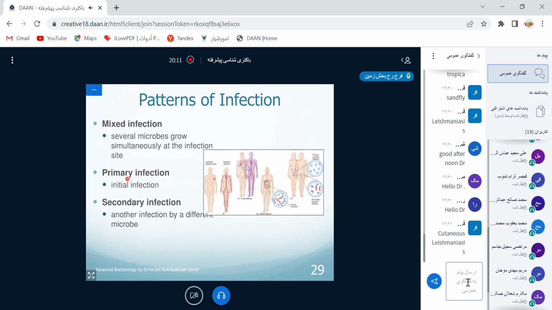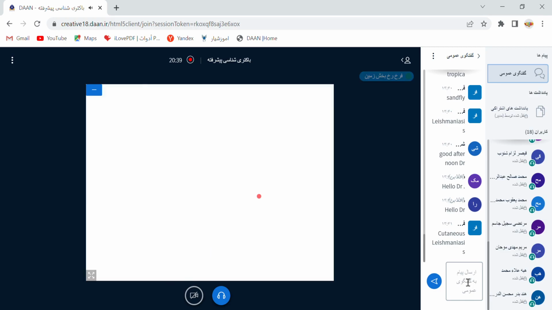So the primary infection is by Leishmania tropica, but this infection is followed by a secondary infection, by another infection, by different microbes, by different bacteria, and this second one is a secondary infection.